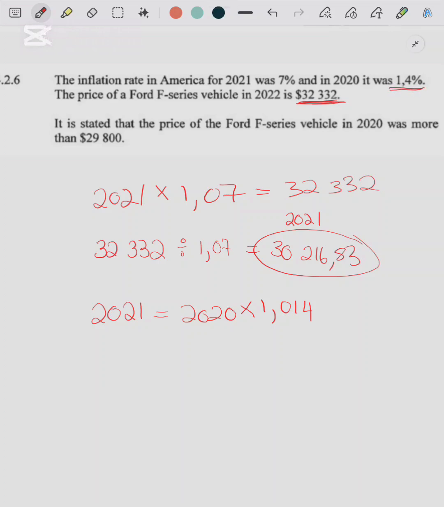The 2021 amount we know from our previous calculation is 30,216.83. We divide it by 1,014, and that gives us our final answer of 29,799.63.